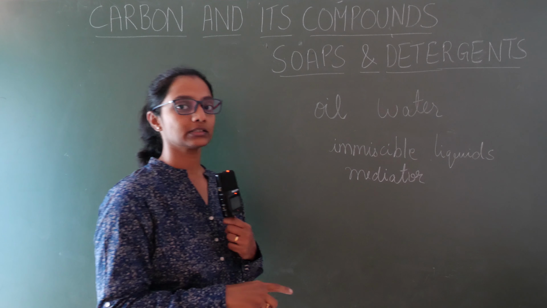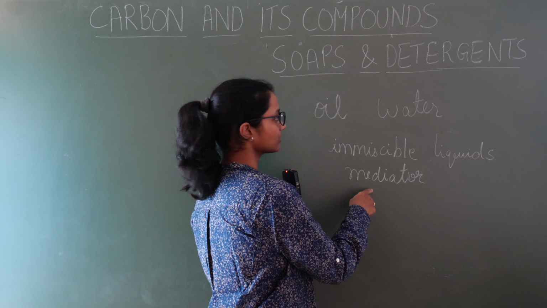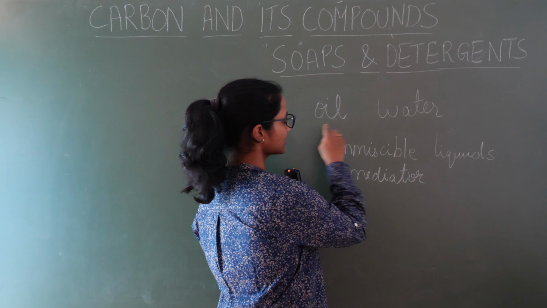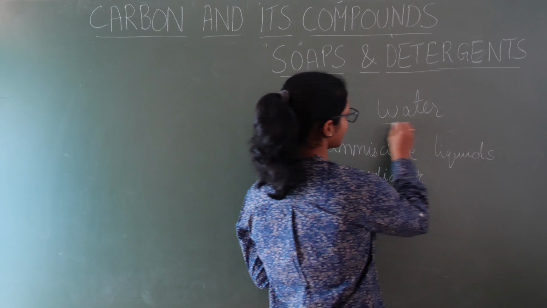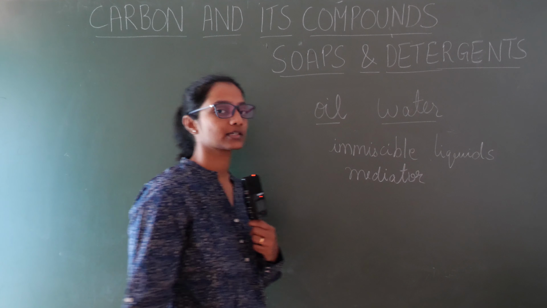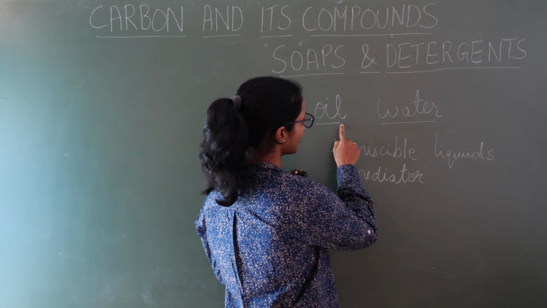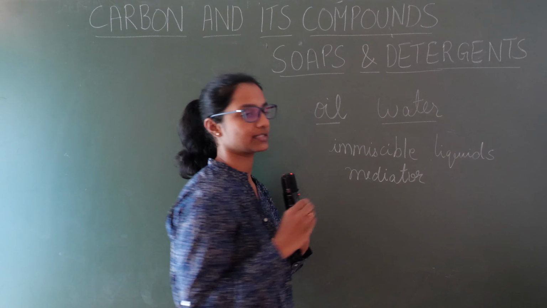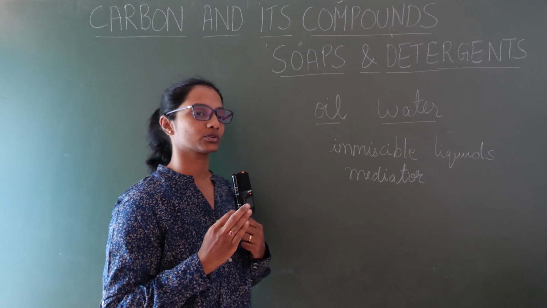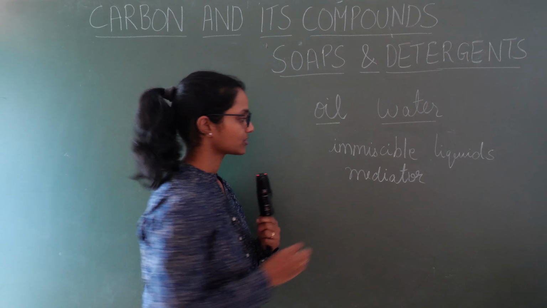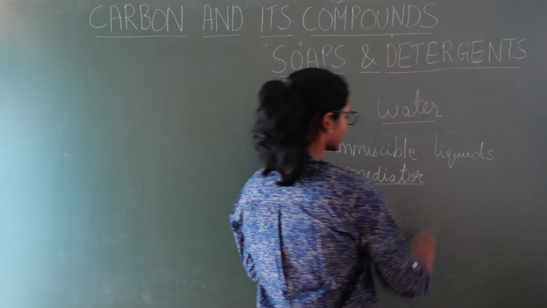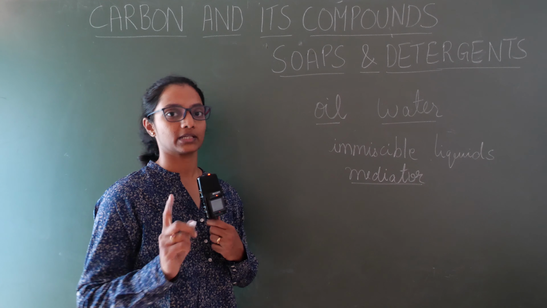So a mediator comes in between for help, and since oil and water are enemies, this mediator makes oil and water friends. It makes them bond together. So this is the role played by a mediator.